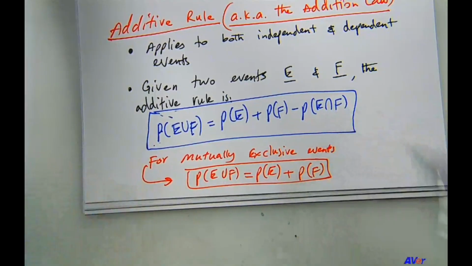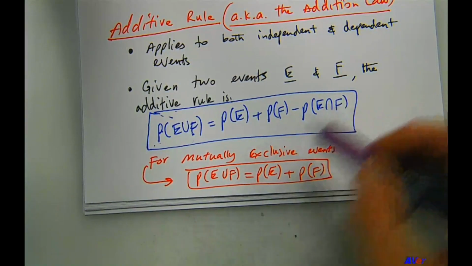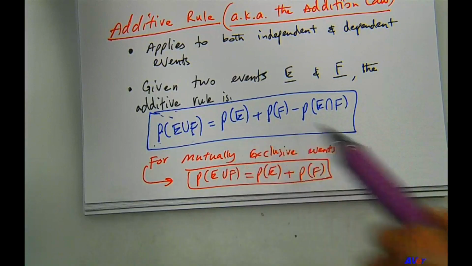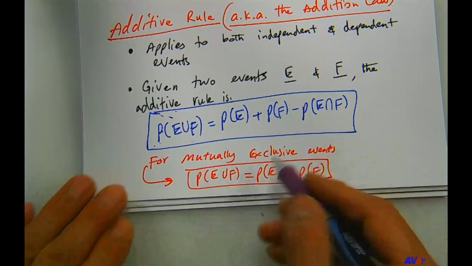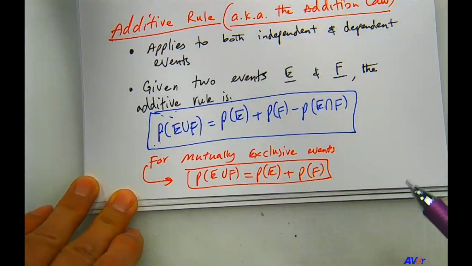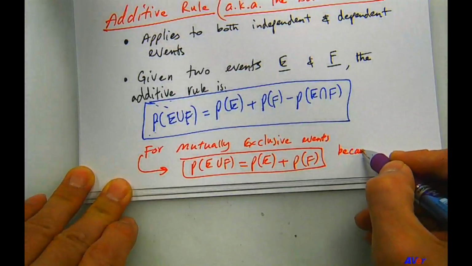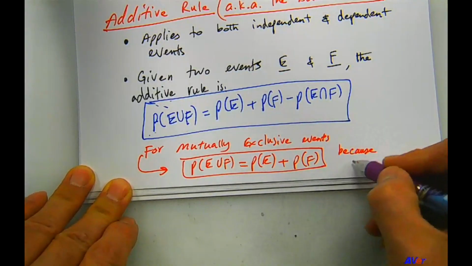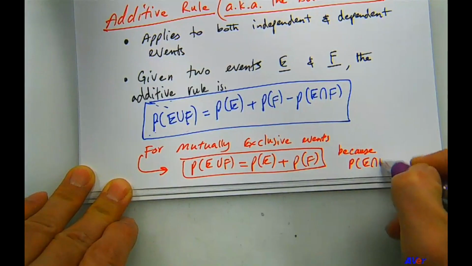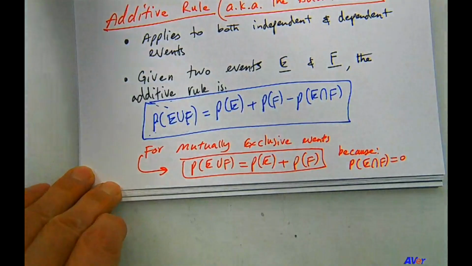Because that piece, the overlapping piece, which suggests that E and F can happen at the same time, would be 0. That piece is 0 for mutually exclusive events. So this is the adjustment of the additive rule for mutually exclusive events, because probability of E intersection F is equal to 0. Okay?